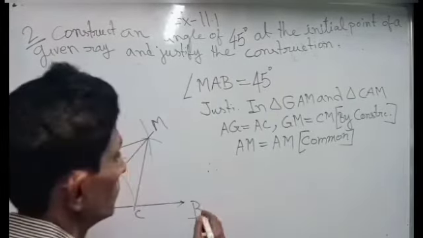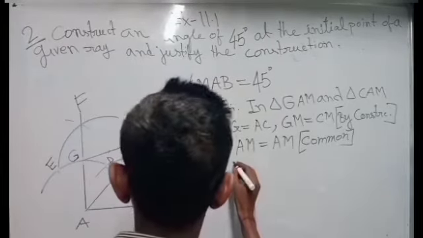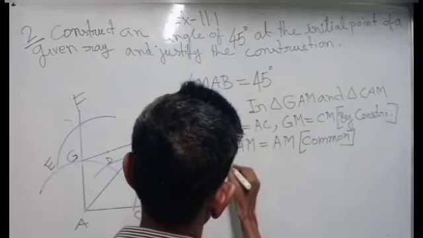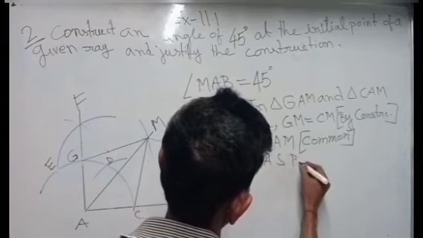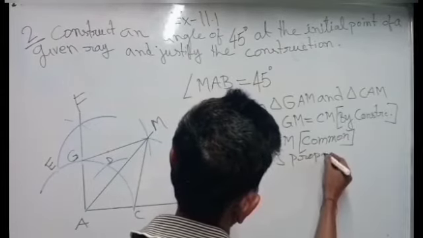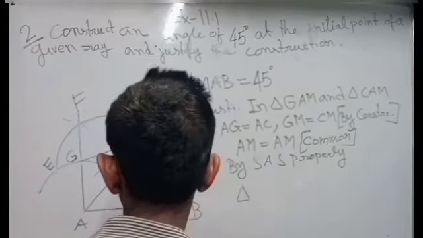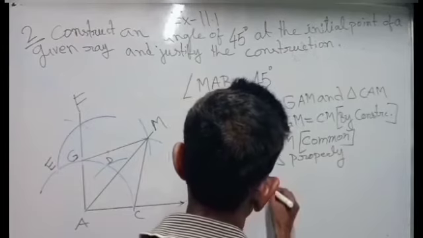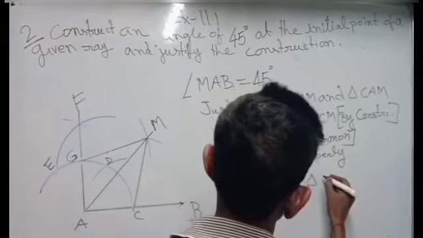Therefore, by SAS property, triangle AGM is congruent to triangle ACM.